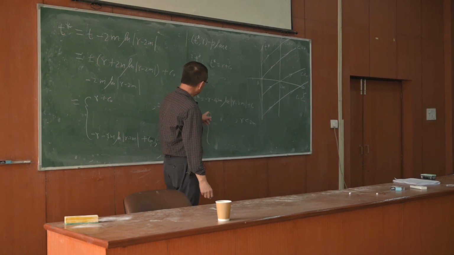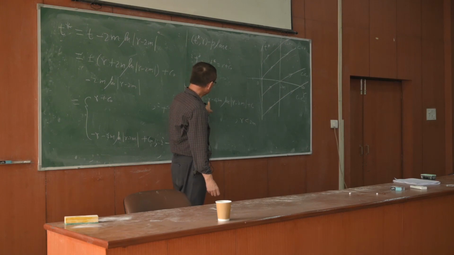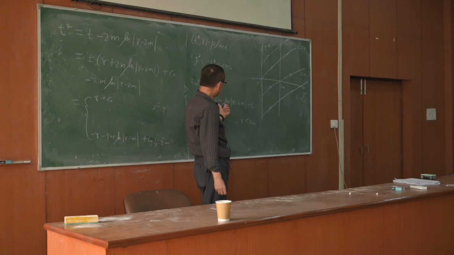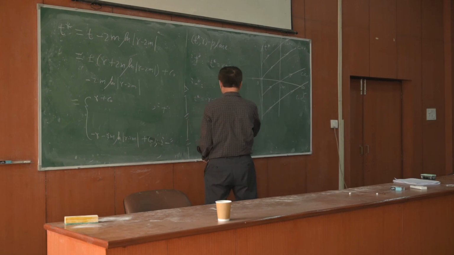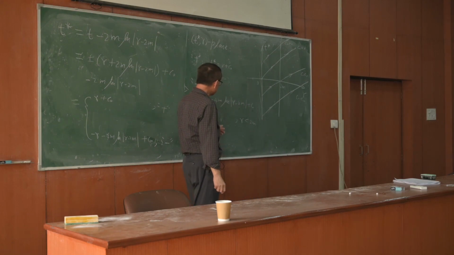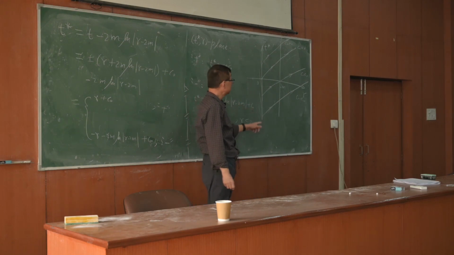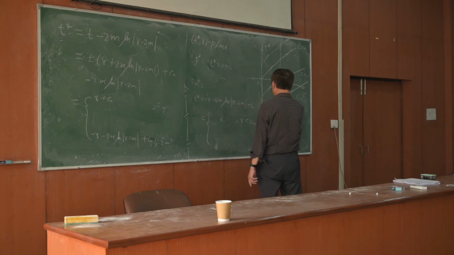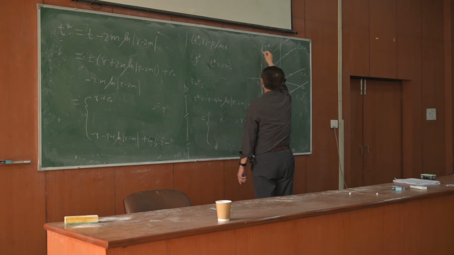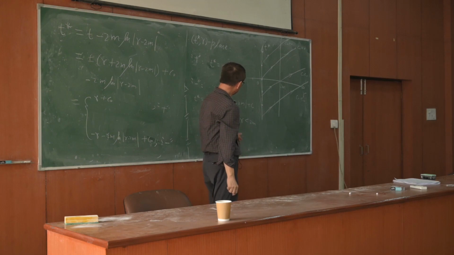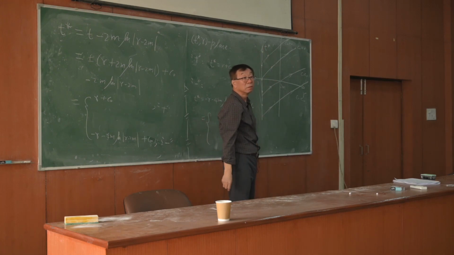When R equals 0, this is minus 4M log 2M, finite, plus C0. So this again depends on the constant. This can be here, here, or here, depending on C0. I think this is my point, right?